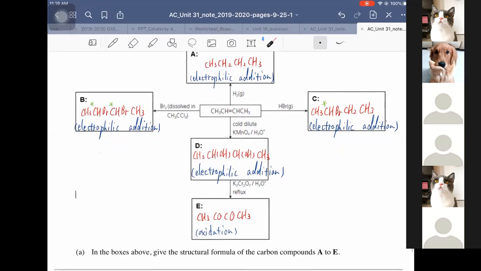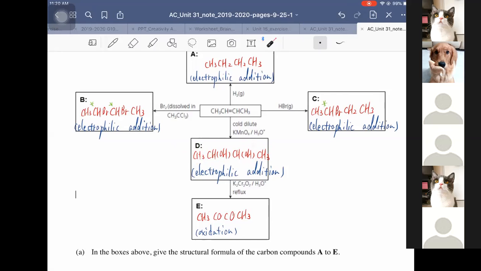Okay, next one, D. This one is symmetrical, so we just look at one side of the molecule. This carbon has three identical hydrogens, so we don't consider it a chiral carbon. The next carbon has one hydrogen attached, a hydroxyl group, a methyl group, and finally this alkyl group.